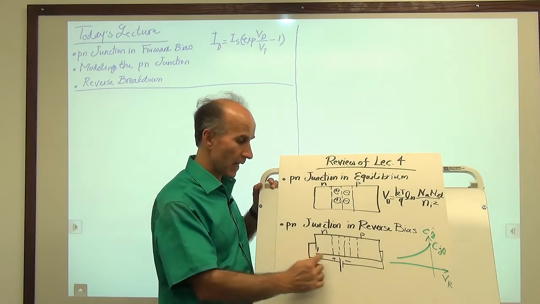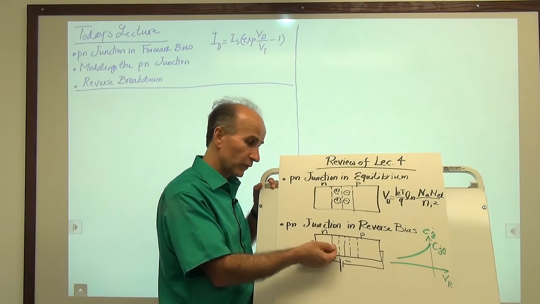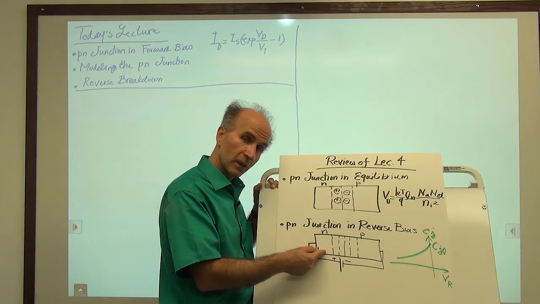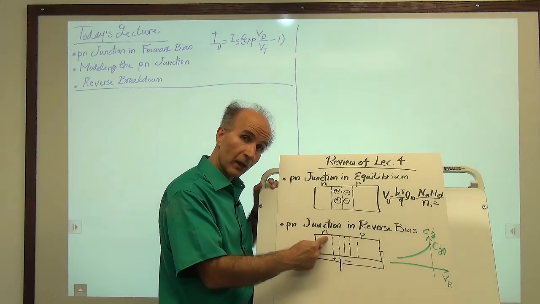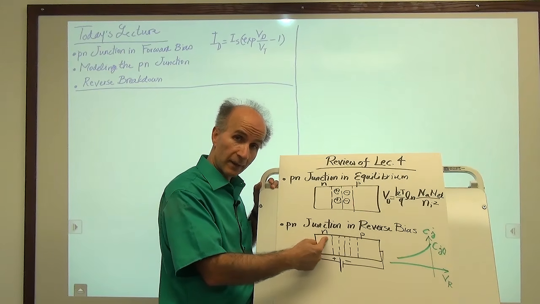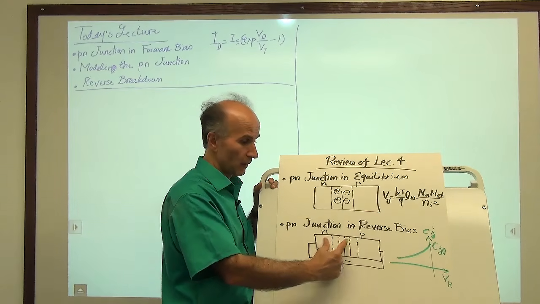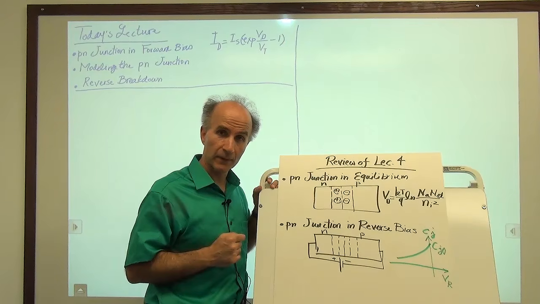Now that we have a positive voltage connected here, it wants to attract more free electrons from this region. So some free electrons go this way to the battery and leave behind positive ions. So the depletion region becomes wider. Similarly on the P side. And that's really the only thing that happens.